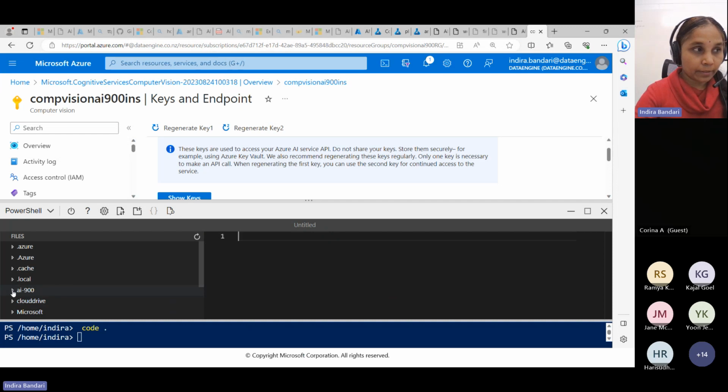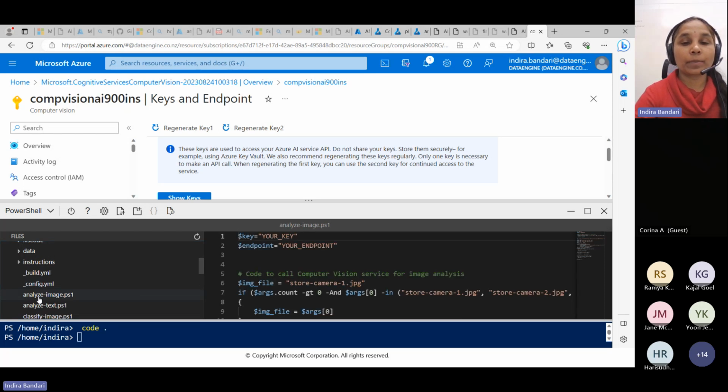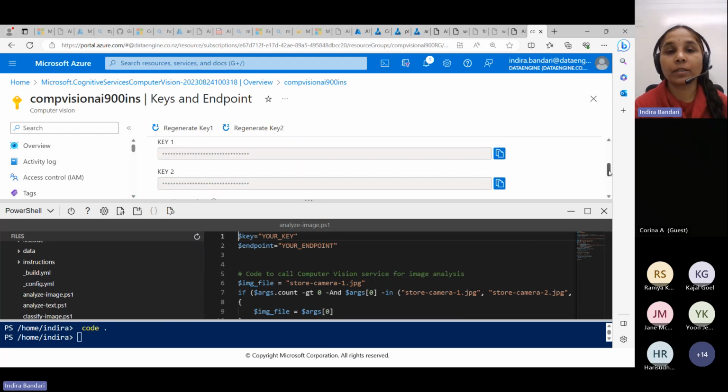Expand AI900 and come down using the scroll bar and then click on analyze-image.ps1. Now again, we replace your key with our key and endpoint with our endpoint. So I'll just copy from here.